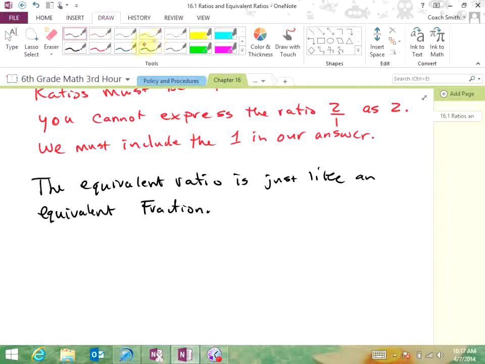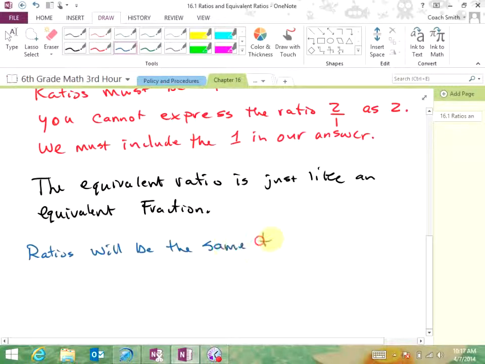Now, ratios will be the same type of quantity. Okay, in other words, boys and girls, okay, for humans. Okay, feet to inches, kilograms to grams.